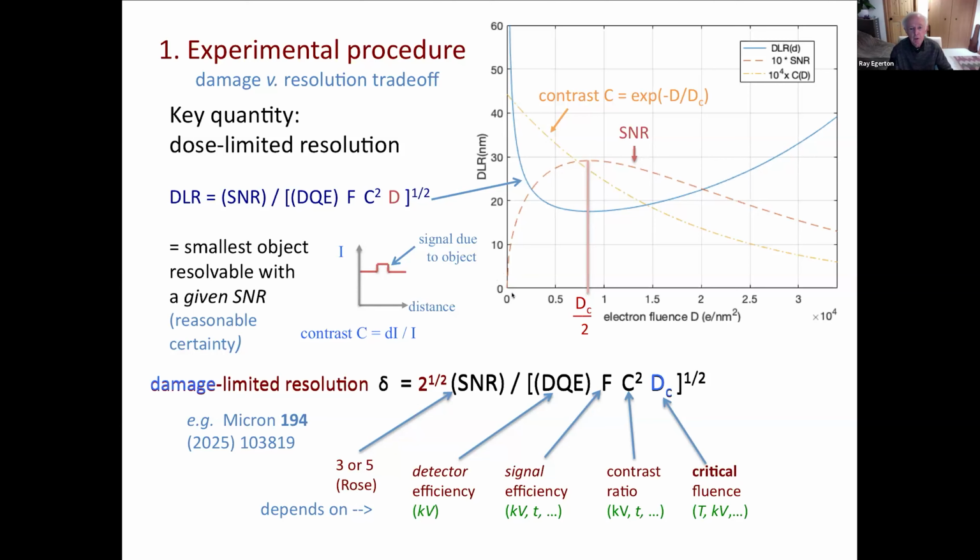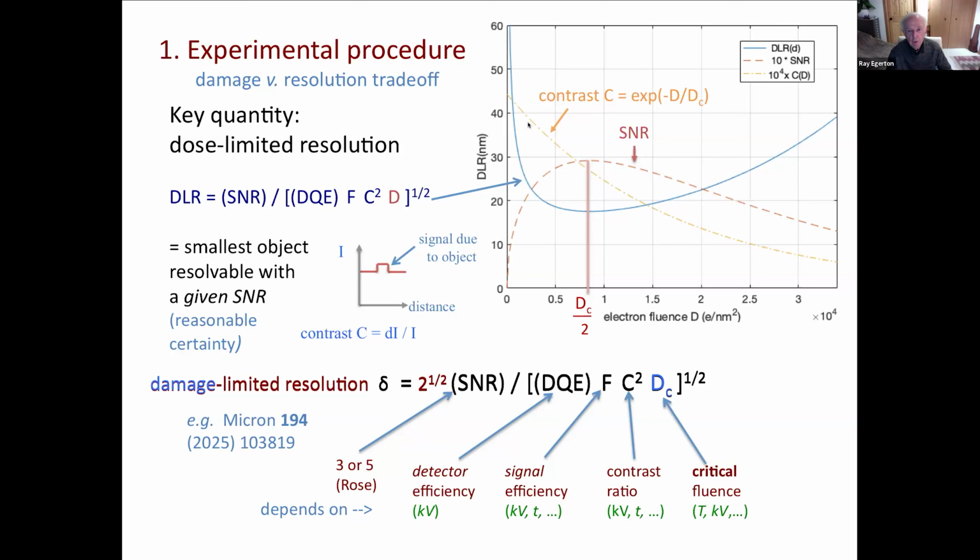So if we plot our signal to noise ratio against electron fluence, which is the number of electrons that have gone through the sample, it starts off at 0 and remains poor where we have a small flux of electrons. Then it reaches a maximum, and the reason it does that is that we're simultaneously destroying the structure in our sample.